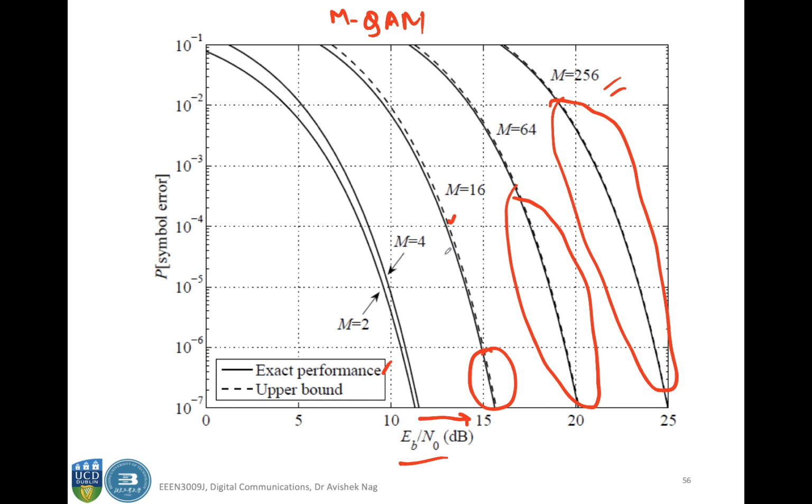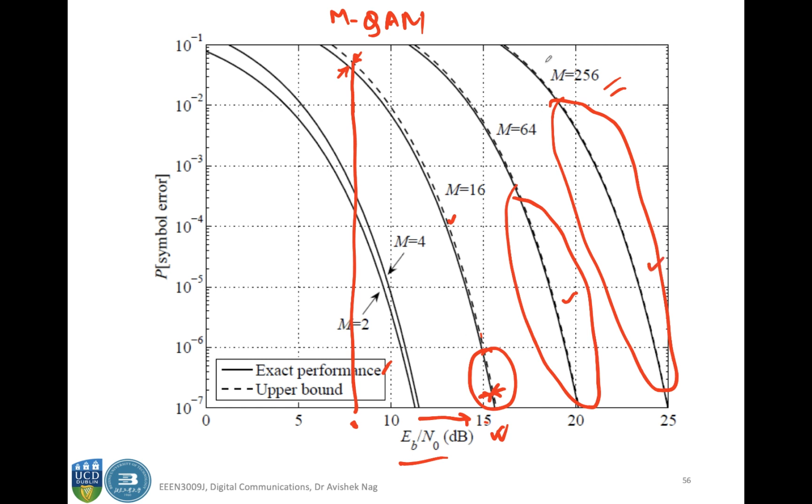So you see for M equal to 16, when your SNR is low in this region of 5 to 10 dB, there is a gap between the exact and the upper bound, but when your SNR is high, let's say in the region of 15 dB, your exact and upper bounds are quite close, and same for these things.